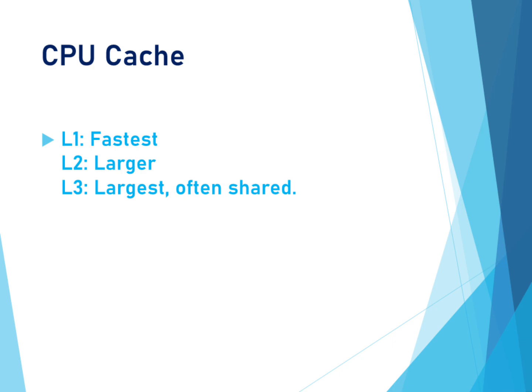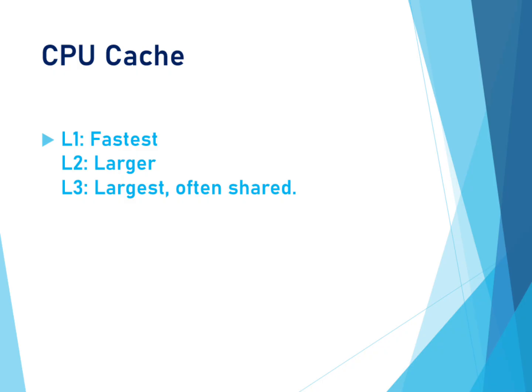Next is the CPU cache. Cache memory is a very small but extremely fast memory located inside or very close to the CPU. Its purpose is to store frequently used data and instructions.